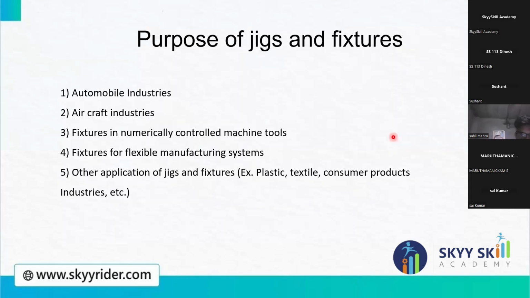So what is the purpose? The purpose is that we can use it anywhere, in various industries like automobile, aircraft, and even machine tools. Fixtures are even flexible in manufacturing systems. In other applications, for jigs and fixtures, I can say the plastic, textile, and consumer products industries. I will give you an example of how textile industries use fixtures.